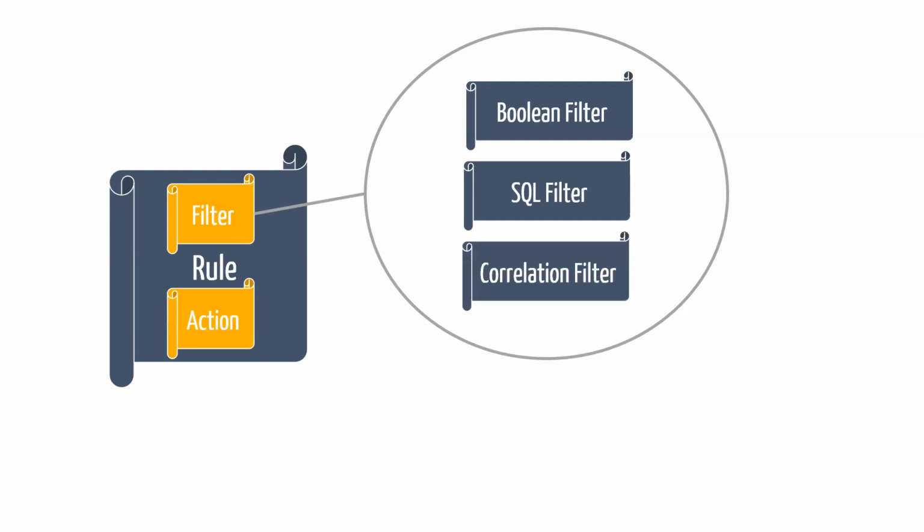And then there is the other one, called a correlation filter. A correlation filter is basically an exact, case-sensitive match on either an application-defined property or a system-defined property. So what it means is if you have an application-defined property called tenant ID, you can say the correlation filter can be tenant ID equals 42.